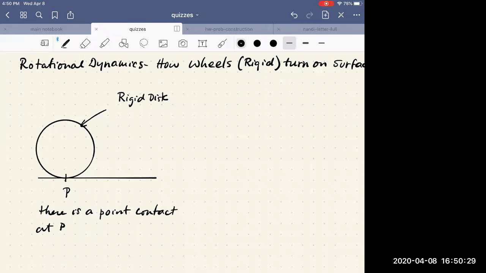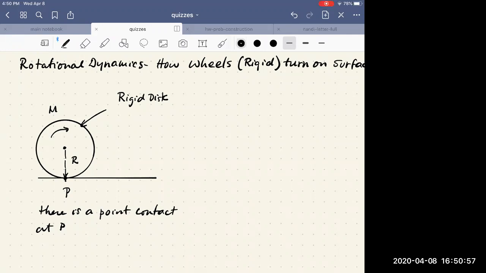So let us say that at this point, I take this as the center of the wheel, and I draw the radius here. So this is R. And the wheel has a mass M, as usual. And let's say that about this point P, I consider a rotation of the wheel.